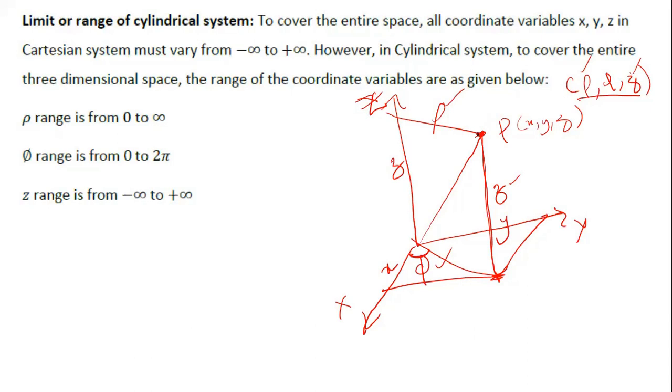So in place of the xyz system, I can define my coordinate system using this rho, phi, z, called the cylindrical coordinate system, and I can solve my physical or engineering problem if it has a cylindrical symmetry or a cylindrical structure.